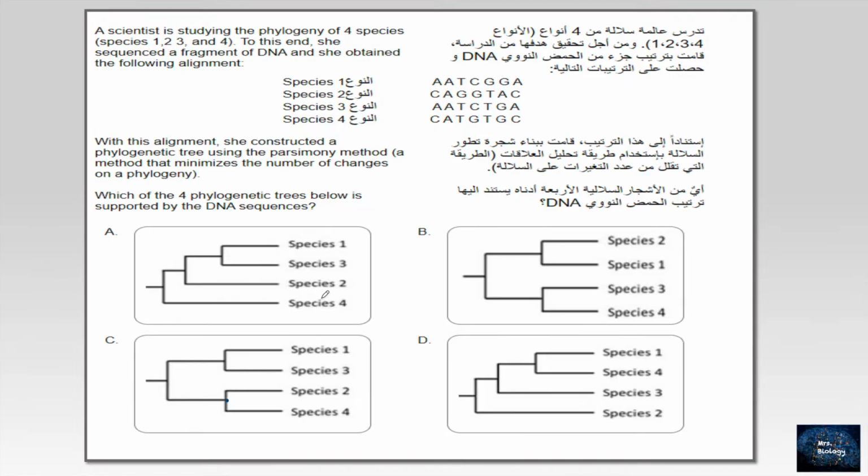So they are related, and we can consider that they have one common ancestor here. They are not too much related. That's why we are supporting the answer to be A. So the right answer is A.